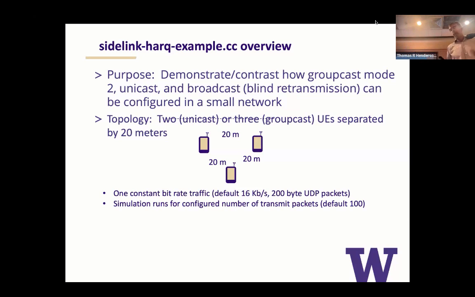So I created a 3-node network. When unicast is configured, only 2 of these nodes participate. When there's groupcast or broadcast, one sends to the other 2. There's a single flow, and the simulation runs for a configured number of transmit packets. By default, it'll send 100 packets, but you can change that.